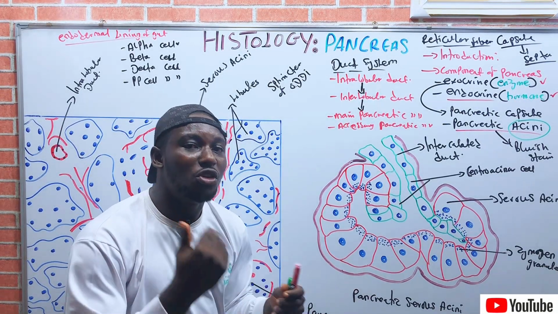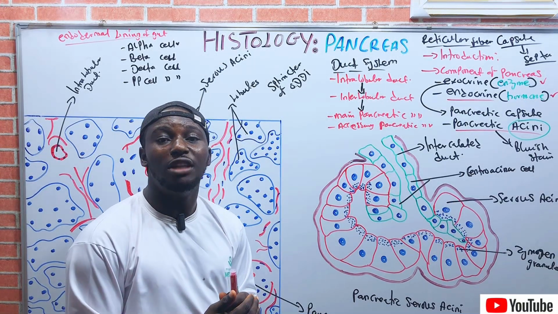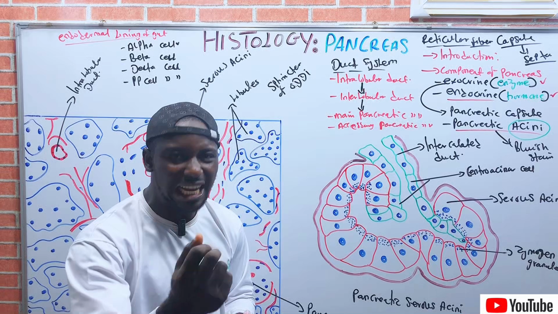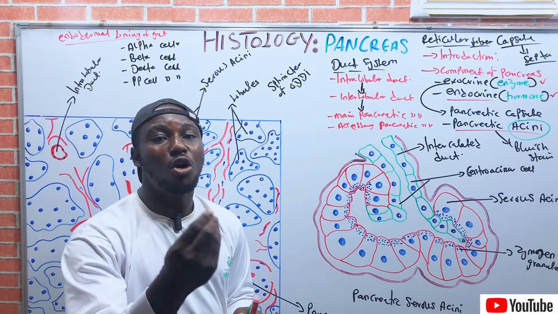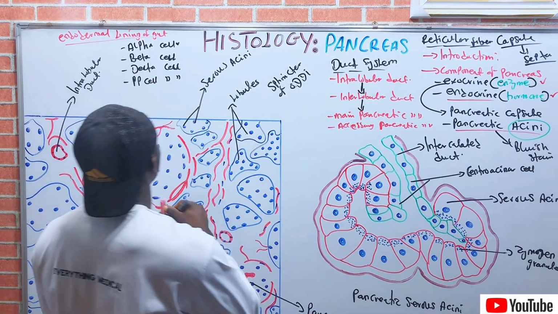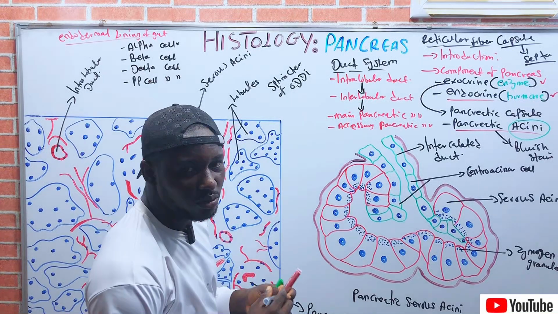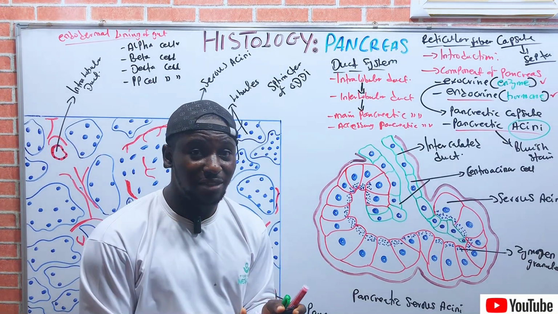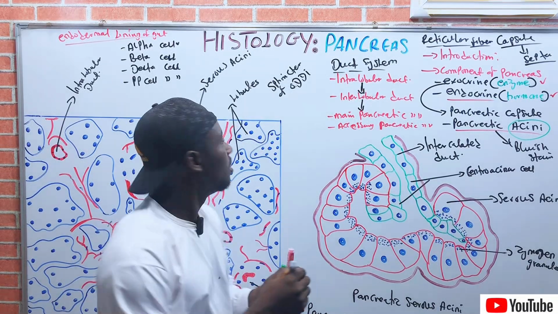The alpha cells constitute 20% of the pancreatic islet, and they have small granules, which are brightly stained by acid fuchsin.